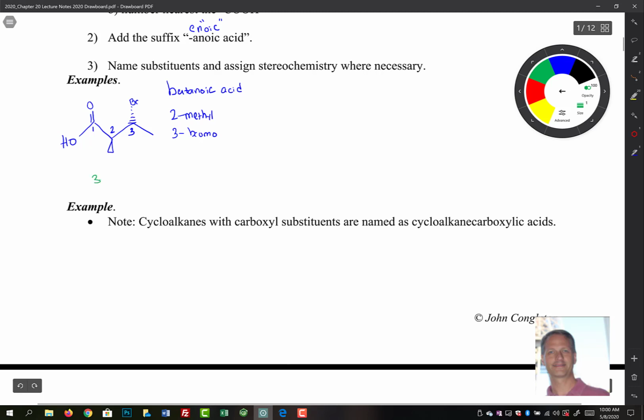So this is a 3-bromo, 2-methyl butanoic acid. Now we're not done, because at carbon number 2 and carbon number 3 we have stereocenters there.